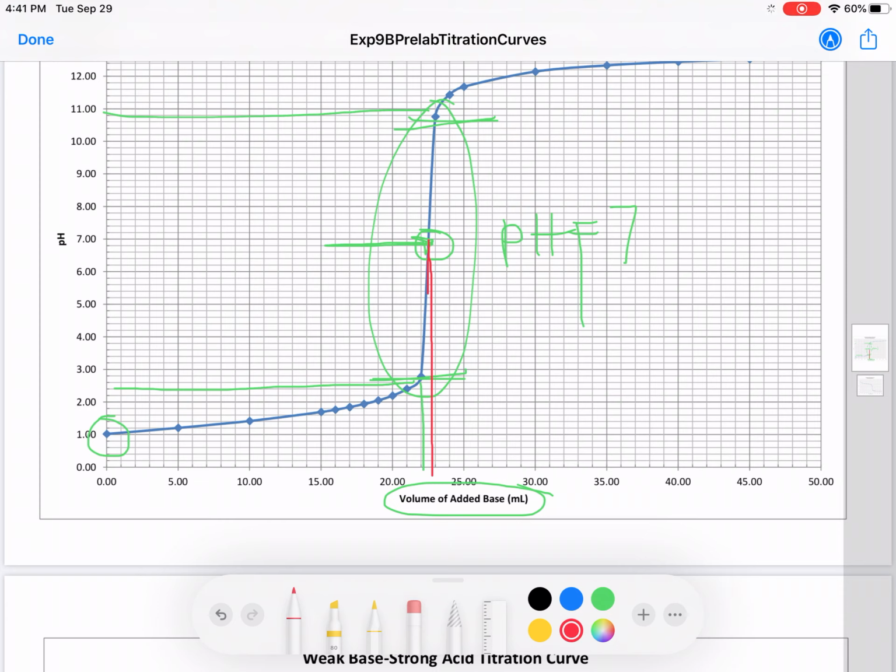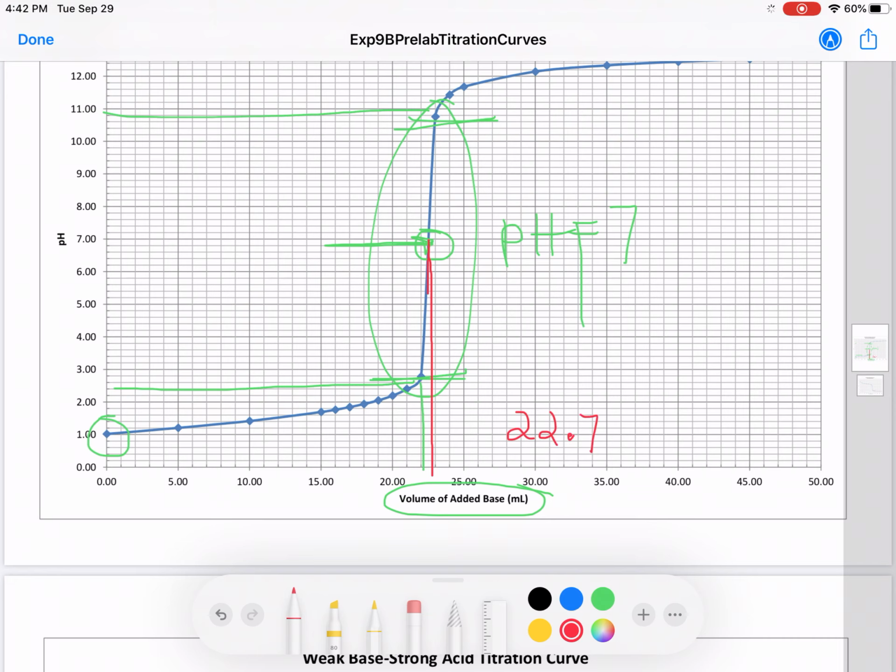Then you take the pH 7 and draw a line, cross the x-axis, and read that as the volume. So that is somewhere like 20, 21, 22, it's before 23. So maybe somewhere around 22.7.